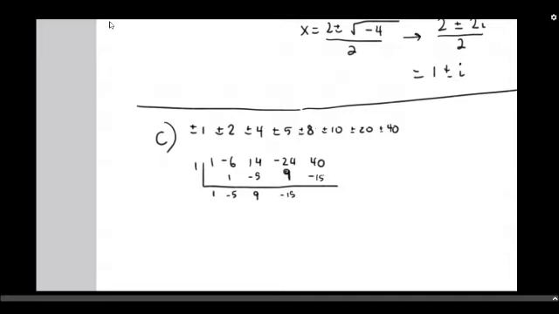Not looking good. This doesn't look like 1's going to work. Try -1.